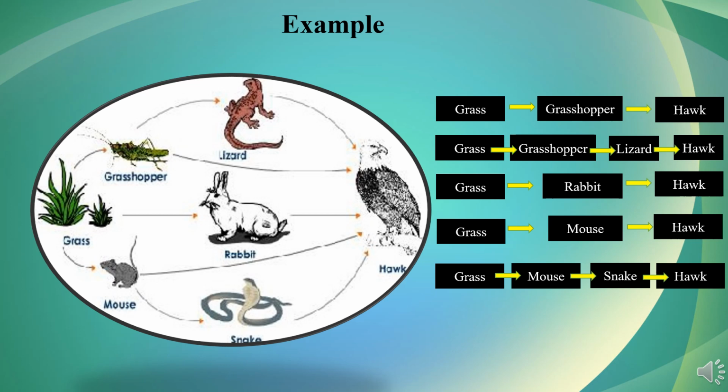Rabbit is eaten by hawk. Mouse is eaten by snake, which is eaten by hawk. In addition, hawk also directly eats grasshoppers and mouse. Thus, there are 5 linear food chains, which are interconnected to form a food web. The component food chains can be represented as shown in this figure.